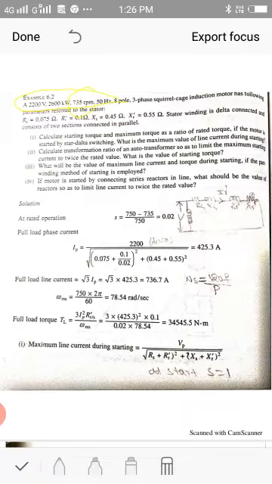The primary current, which is the stator current, is 425.3 amperes. Next I will calculate the full load line current. It is a phase value, the phase current is 425.3. Now the stator is connected in delta, so the line current will be equal to 736.7 amperes.